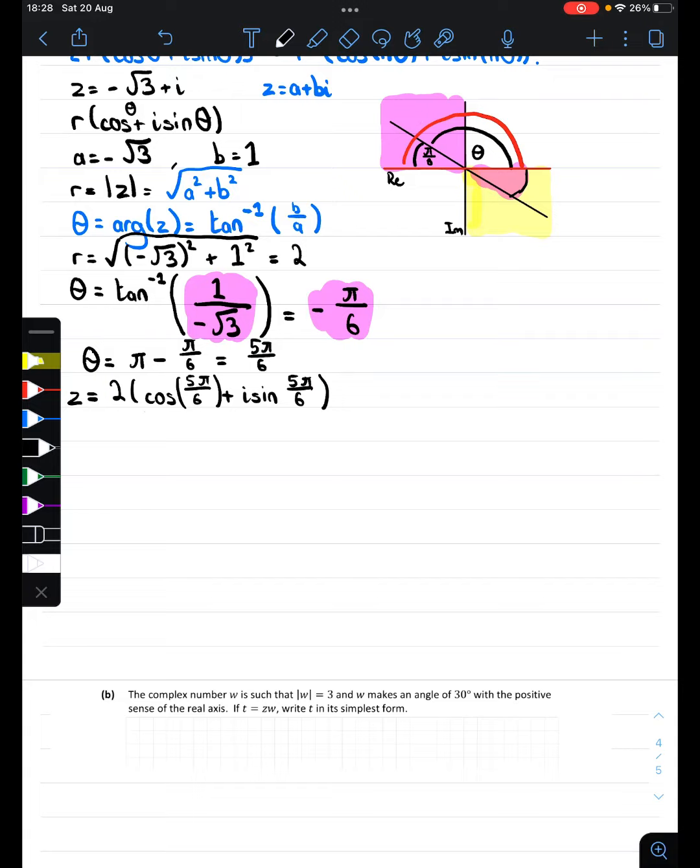Okay, so this z to the power of 4 is equal to this expression to the power of 4, obviously, plus I sine 5 pi over 6.